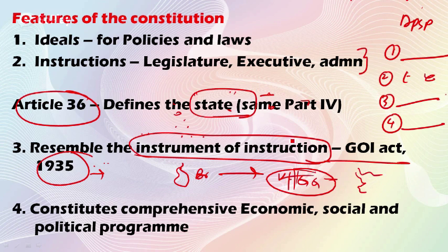These are the instructions provided by the British government to the viceroy, governor general and governors for governing the country in a better way. So the directive principles of state policy are similar to the instrument of instructions. These are instructions provided by the constitution instead of the British government now. These are the instructions provided by the constitution to various administrative bodies of the government to follow certain principles while formulating legislation and also while governing the country. So this is important here.